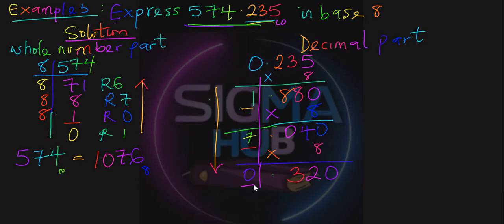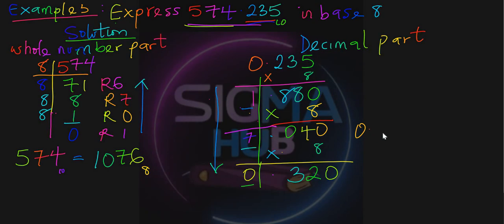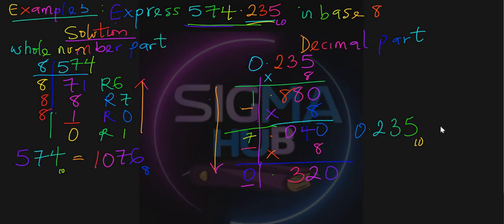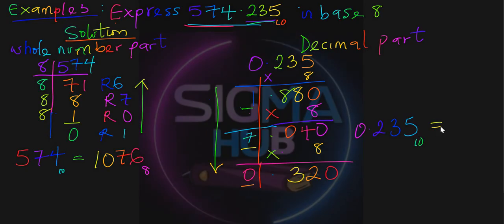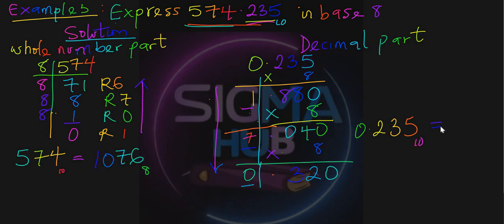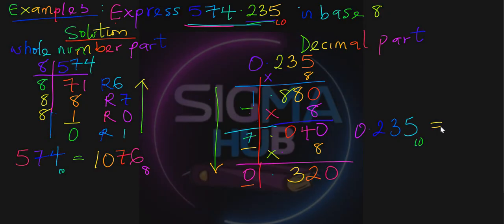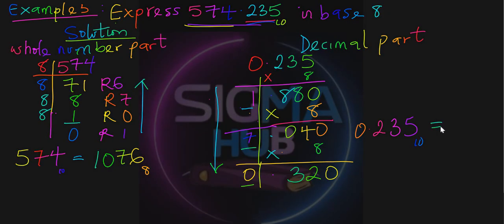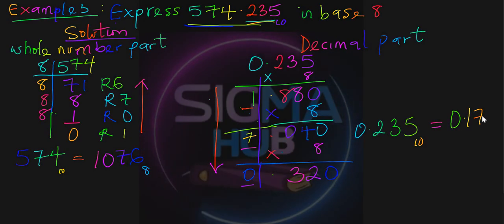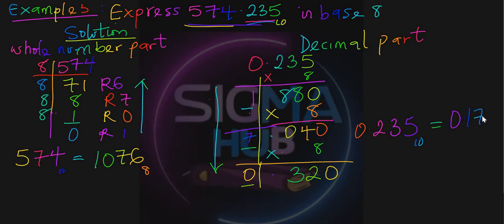So the decimal part, 0.235 in base 10, is the same thing as 0.170. I can continue over and over, but I'm going to stop here.